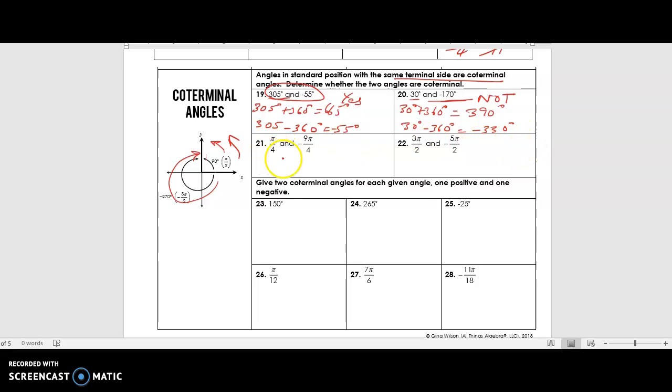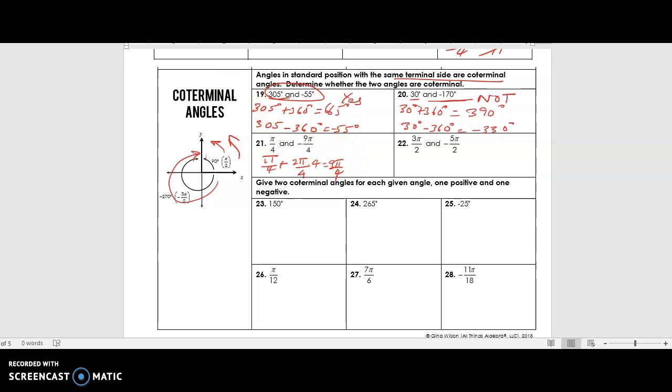Okay. So now with radians, it's the same concept. So pi over 4 plus 2 pi and pi over 4 minus 2 pi, we'll take one at a time. Since these are fractions again, we have to multiply and divide by 4 so we have the same denominator. So 8 pi plus pi is 9 pi over 4. That is one of them.